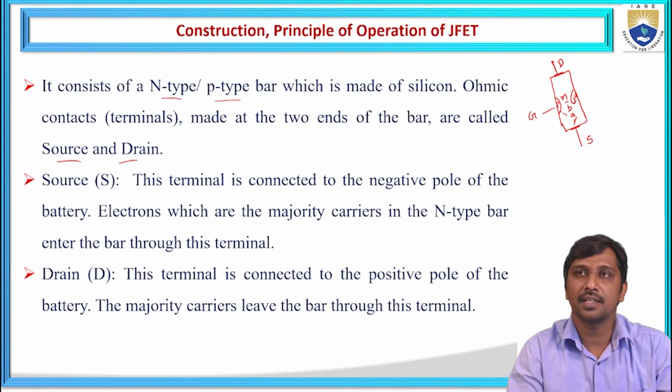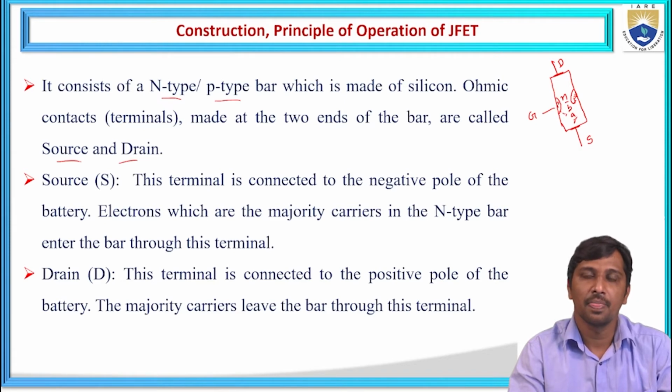Based on the construction principle, if we want to emit the charge carriers, we need to apply some amount of force to repel the charge carriers, or to allow the conduction across the JFET. The conduction takes place from the drain side, and we need to repel the charge carriers from the source to drain by using this channel.